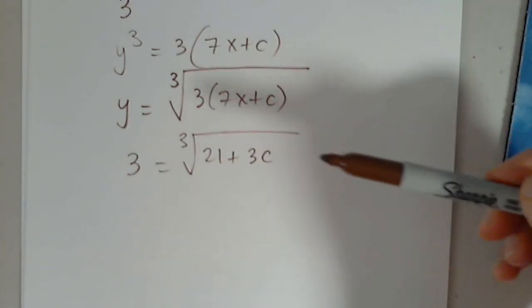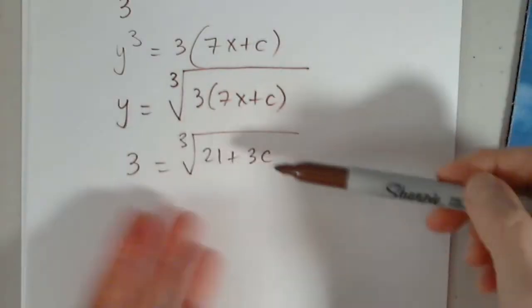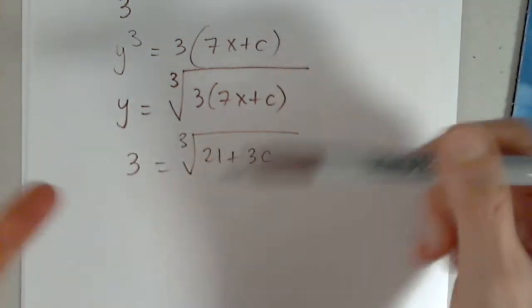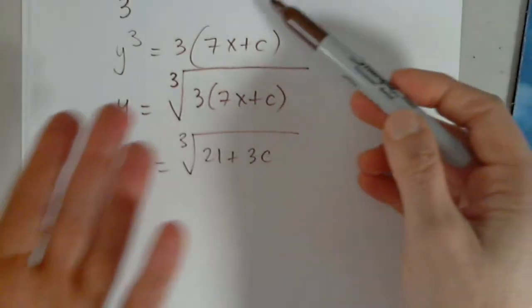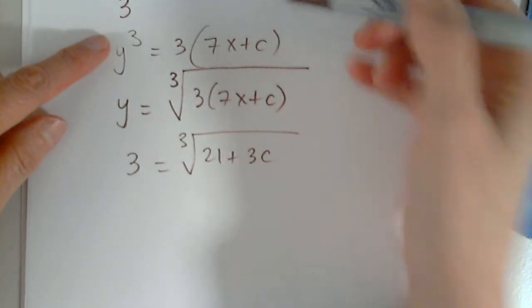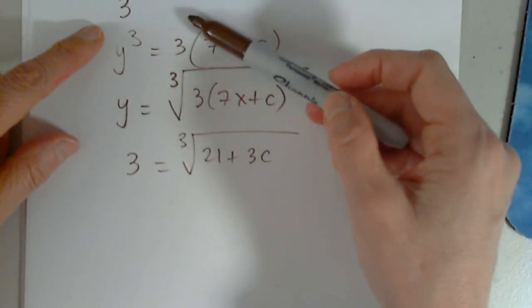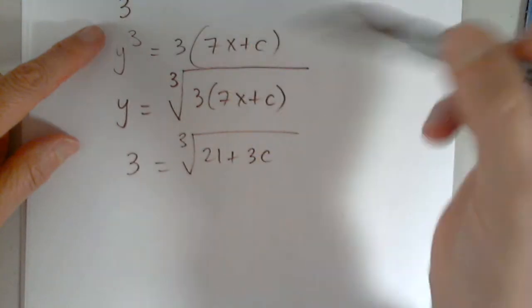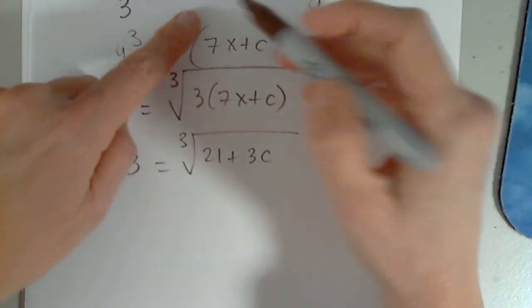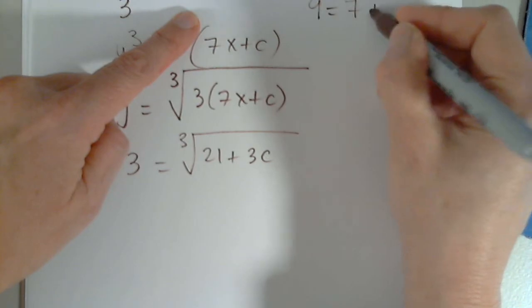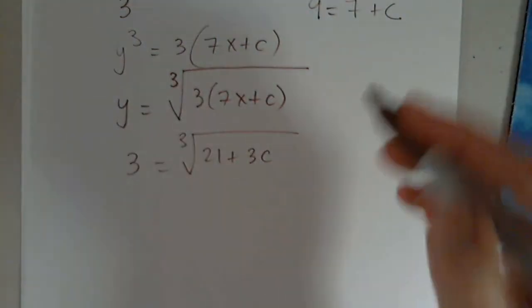Much easier, because now I have to raise both sides to the third power. So this is even better here. I will get the same answer, but it's simpler if I do it here. So 27 divided by 3 is 9, equals 7 times 1 plus c. So c is 2.